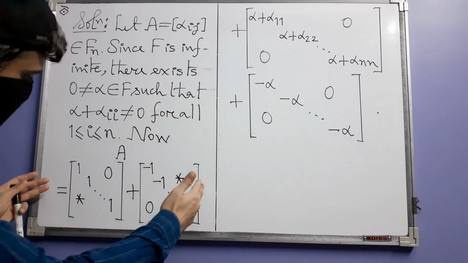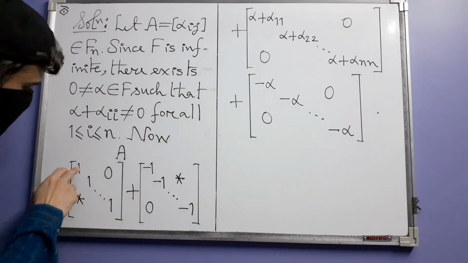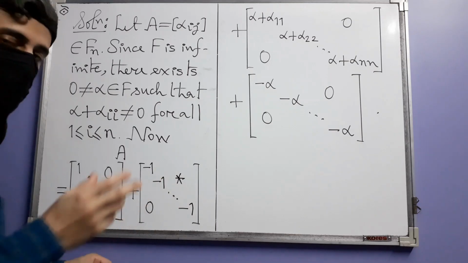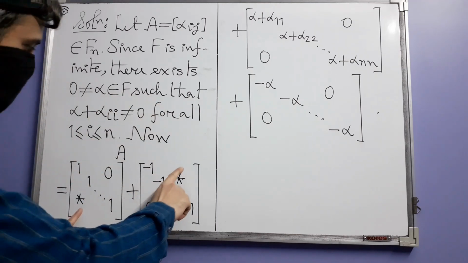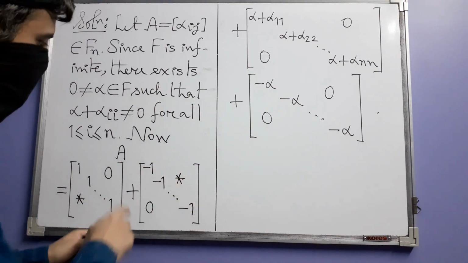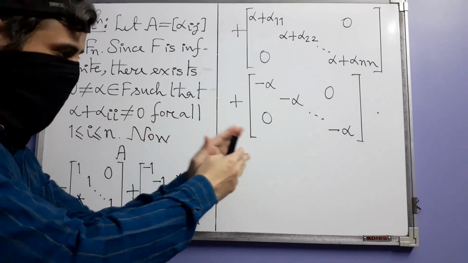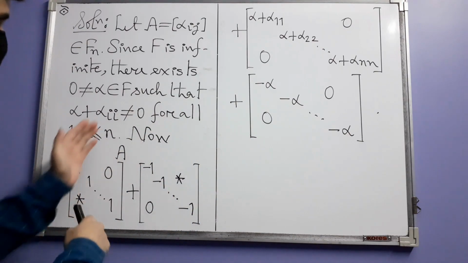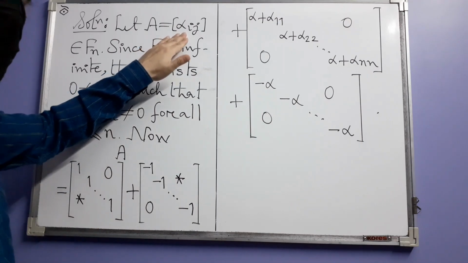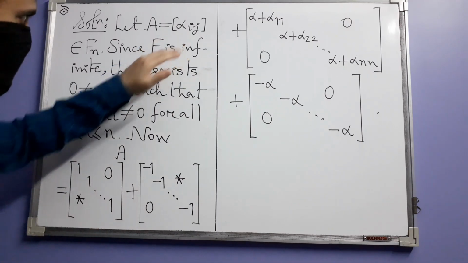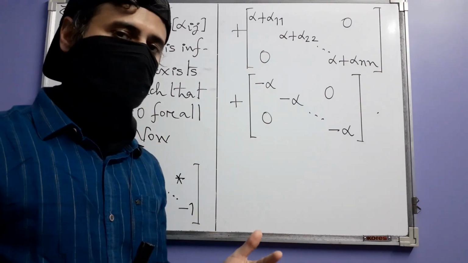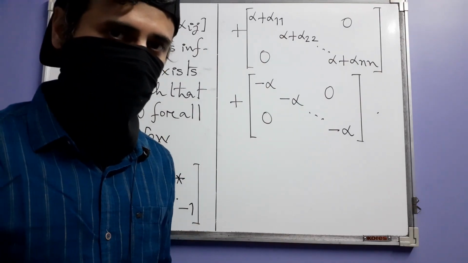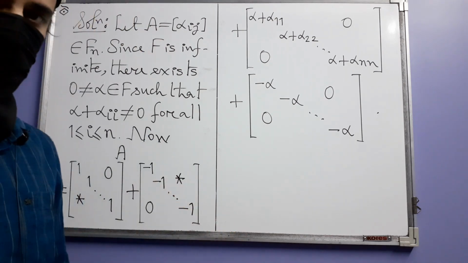So if you add these two matrices, the diagonal then becomes 0 because 1 and -1, and the off diagonal entries taken together, I mean upper off diagonal as well as lower off diagonal, give us all the off diagonal entries of A. So that means in this part itself all the off diagonal entries have already appeared. But then what about the diagonal entries?